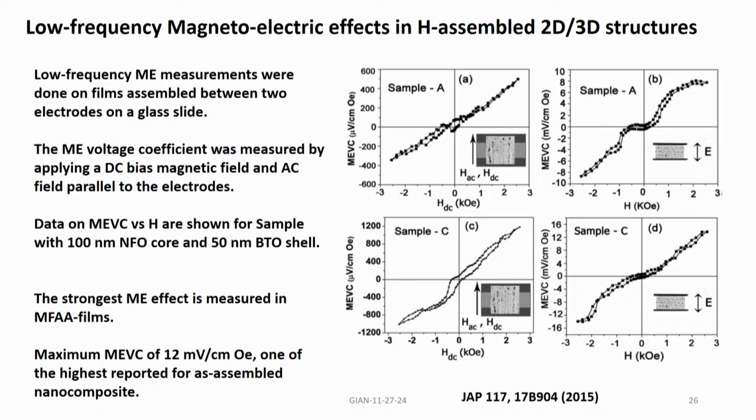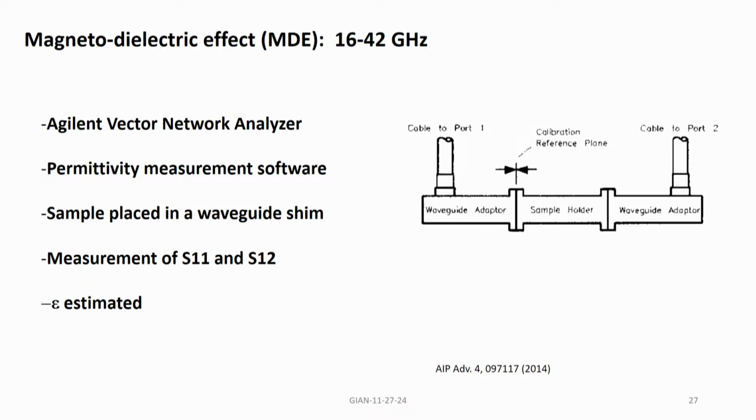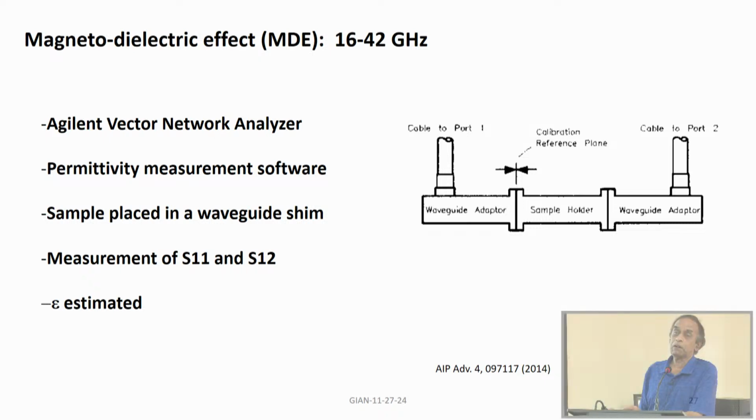So, the second method we used is what's called the magnetodielectric effect. Here we used a special instrument capable of measuring the dielectric constant at very high frequencies, at microwave frequencies. You make the measurement with and without a static magnetic field. When you apply a static magnetic field, it will change the polarization, that will in turn affect the value of the dielectric constant, and that is what is measured in this procedure.